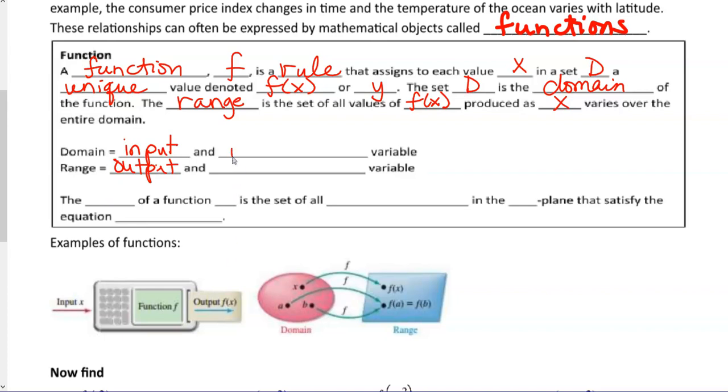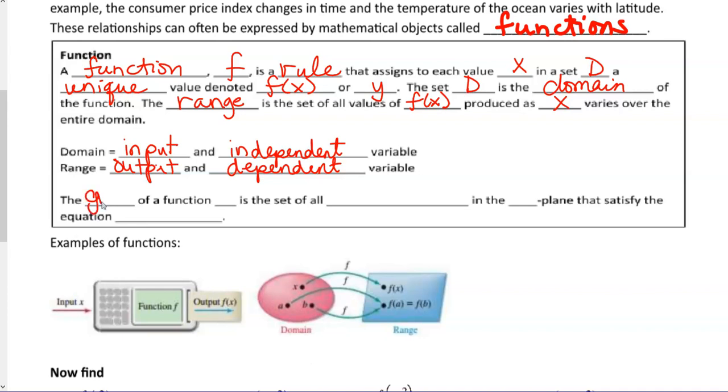We can also talk about the independent variable as our input, and once we put that in, the f of x or the y is the dependent variable, depending upon the rule that I have there.